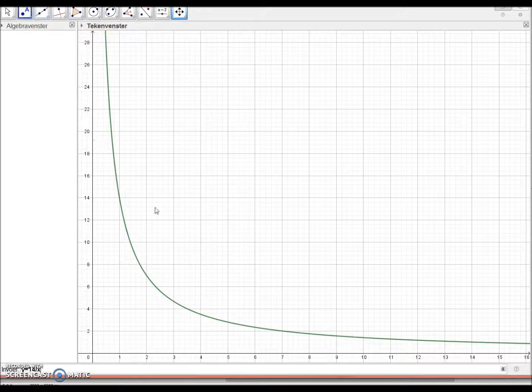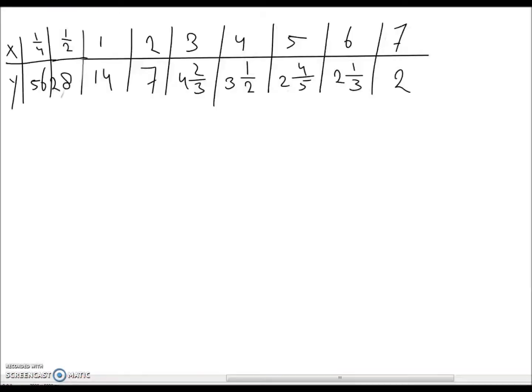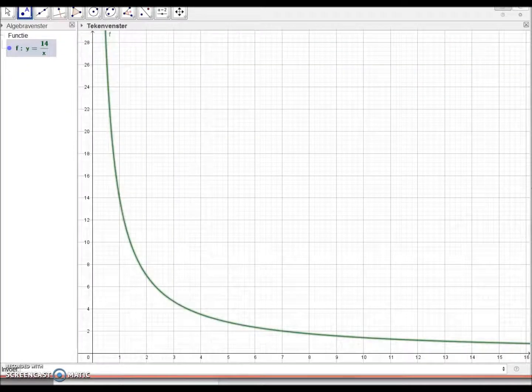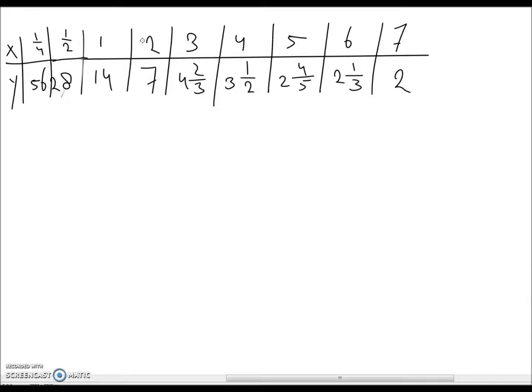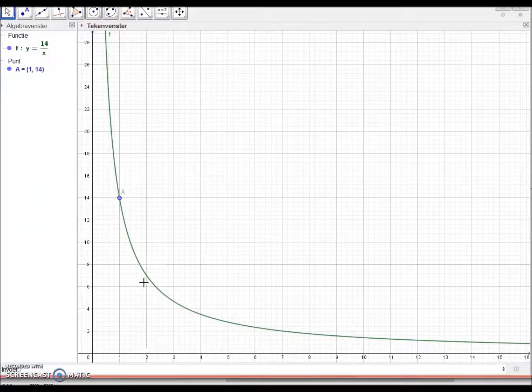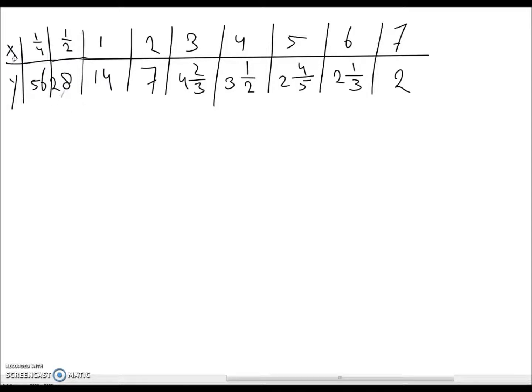Because on the table was, for example, for x is 1, y should be 14. And that is indeed the case. And for 2, y should be 7, which we can indeed see. 2, 7. We can also see that for a half, the value is 28, just as we've seen in the table.